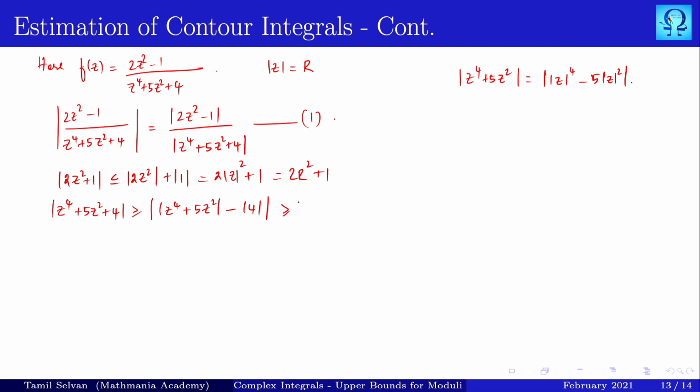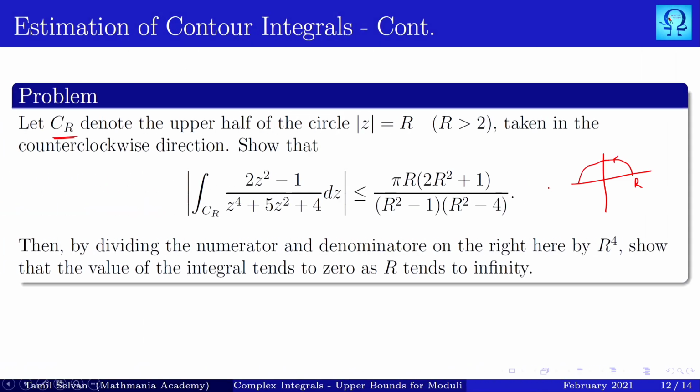So this is again bigger than or equals absolute of absolute z to the power 4 minus 5 times absolute of z squared minus 4. Now we shall substitute the limits. So it is going to be simply r to the power 4 minus 5r squared minus 4. Hope I am right.